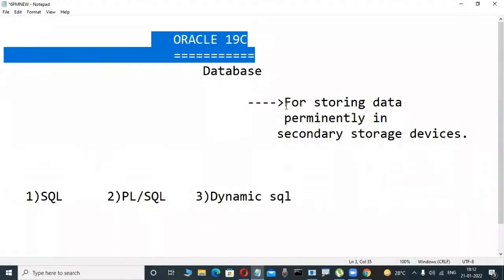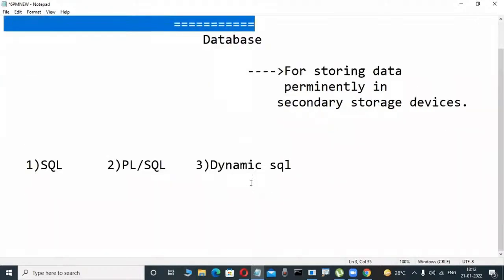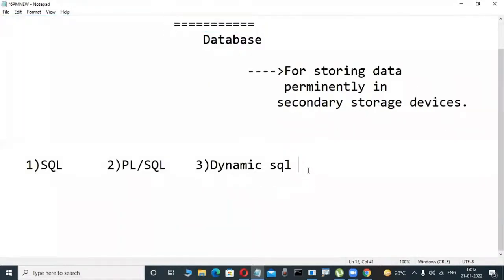Up to this I told only a small thing, but some first-time newcomers ask, sir, SQL means maybe some commands only, insert, update, delete, some small commands, and we are familiar with that. But why PLSQL, which is a programming language like C, C++, Java?